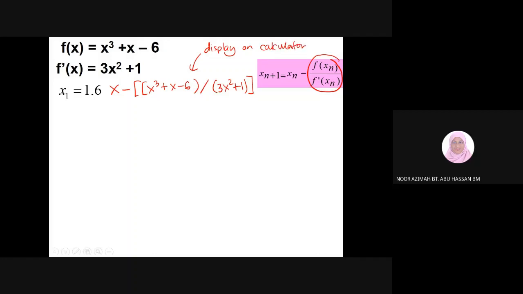Okay, so you calculate answer, salin. Salin kat tepi dulu lah. Salin. 3 kali juga kena iterate ni. Okay, so ni x2. Salin. Lepas tu calculate answer. x3. Salin. Lepas tu x4.